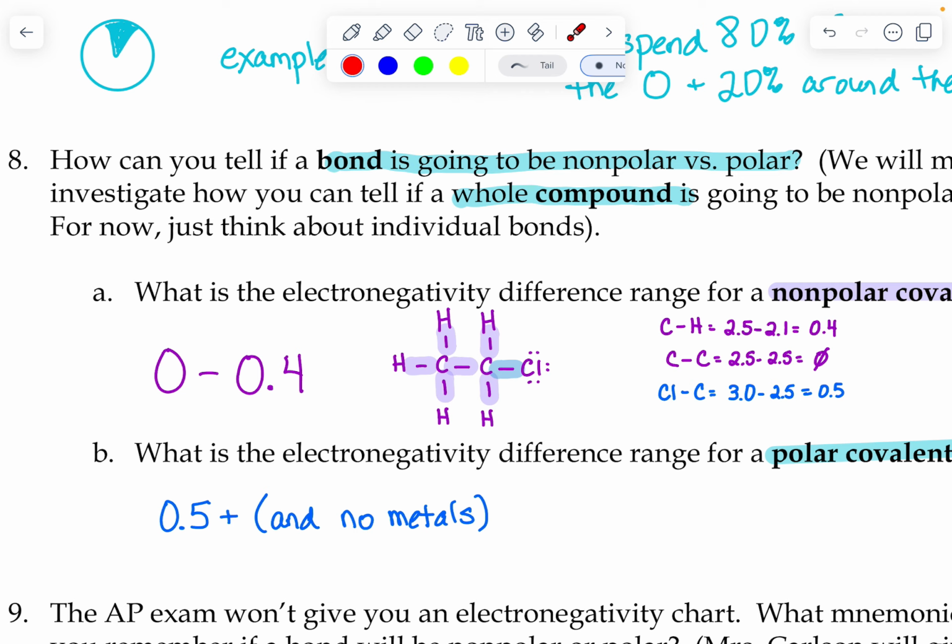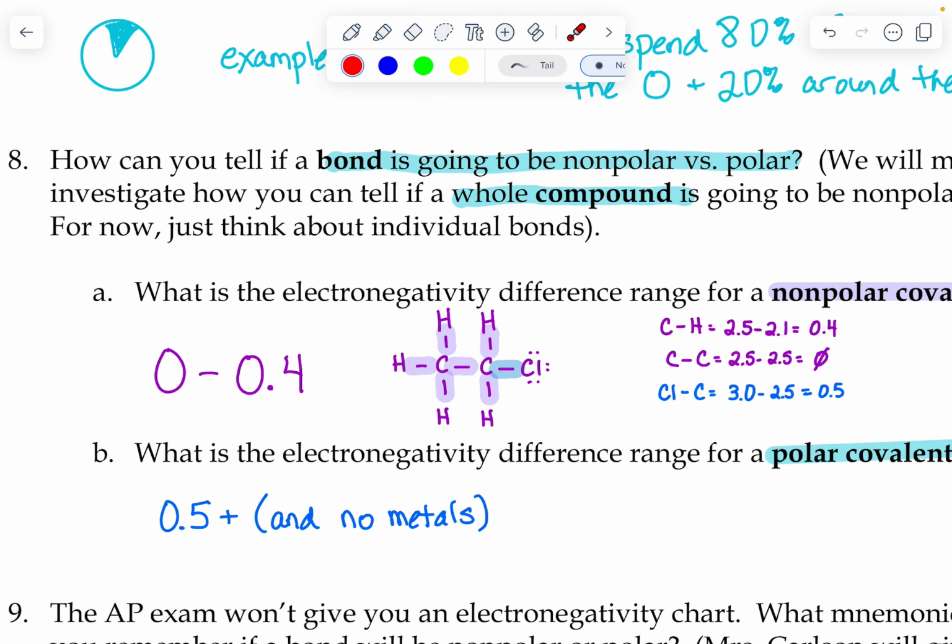To decide if it's going to be polar, we're going to say that the electronegativity difference is 0.5 and greater, and as long as you have no metals involved in the bond. Because if you did look up the electronegativity value of sodium and chlorine, let's say, their difference is going to be enormous because sodium's on one side of the periodic table, chlorine's on the other, so they'd have very different values.